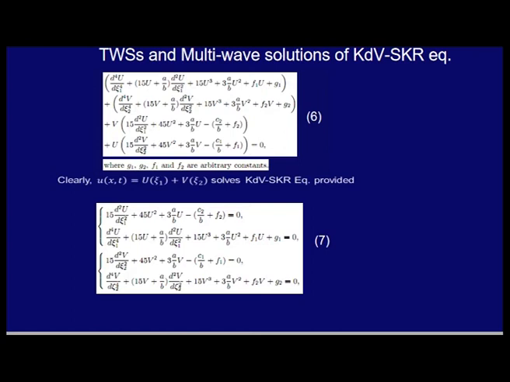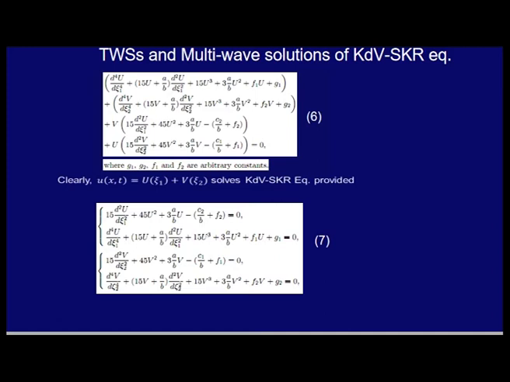Then if each term inside the bracket is 0, the sum will be 0. That is to say, if U and V satisfy equation 7, then they solve the equation.